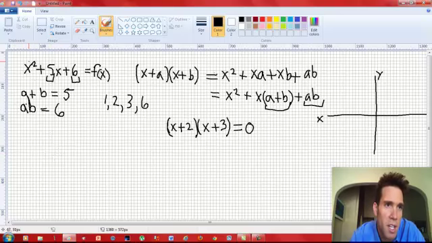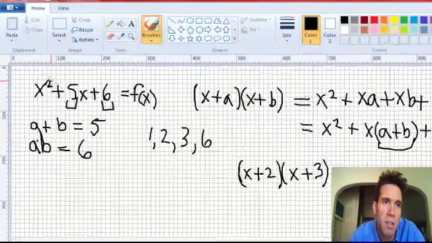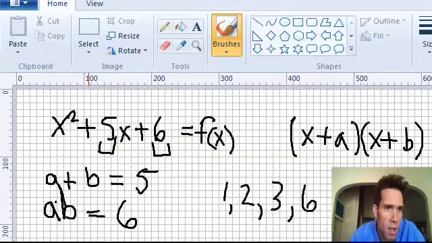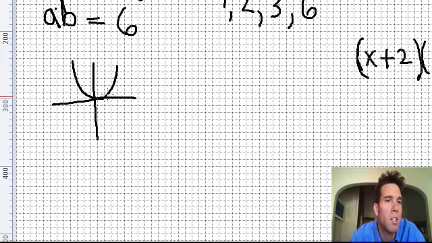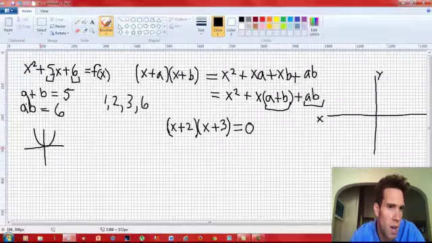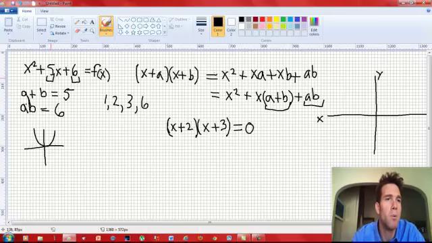And this function is a second degree polynomial because one of the variables here is raised to the second power right here. The general shape of x squared, a second degree polynomial, is a parabola. And it basically looks like this. This is a rough graph of x squared. But we have x squared plus 5x plus 6.